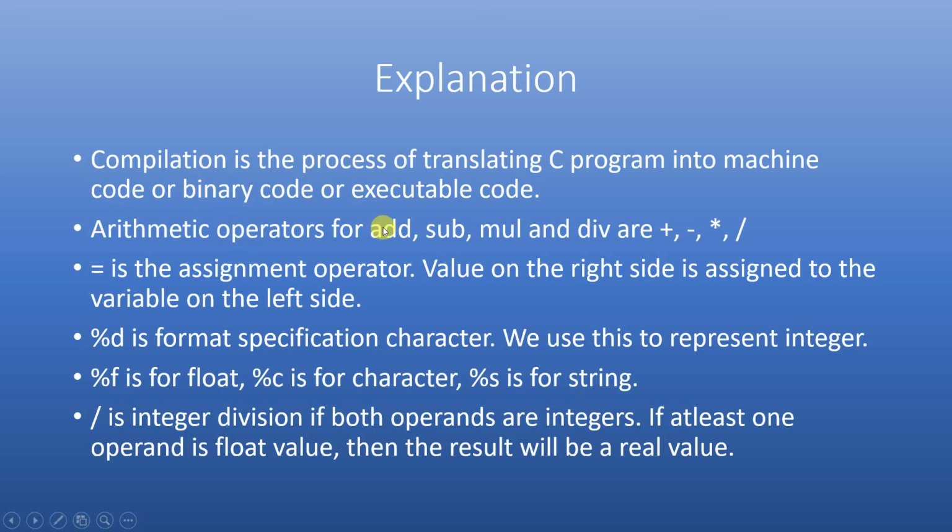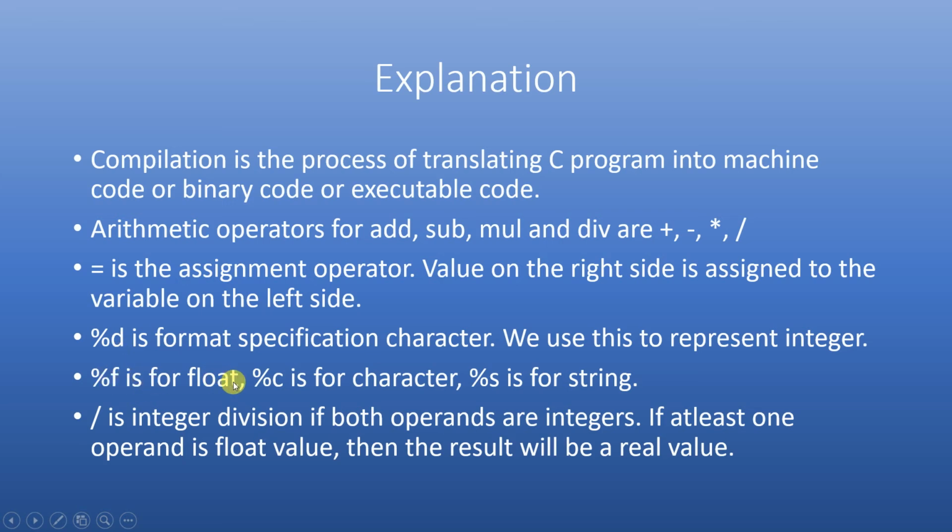And these are the various arithmetic operators: addition, subtraction, multiplication, and division. I will demonstrate the division operation in the next program. Equal to is the assignment operator. We have used this assignment operator 3 times in the previous program. And %d is the format specification character for integer, and %f is for float data type.